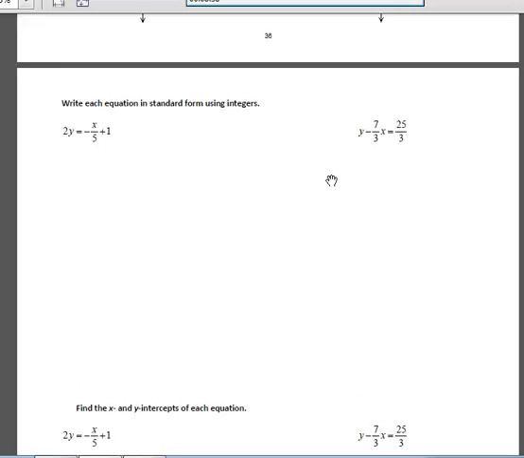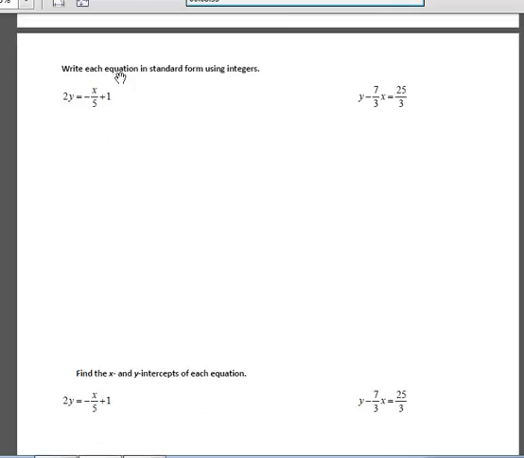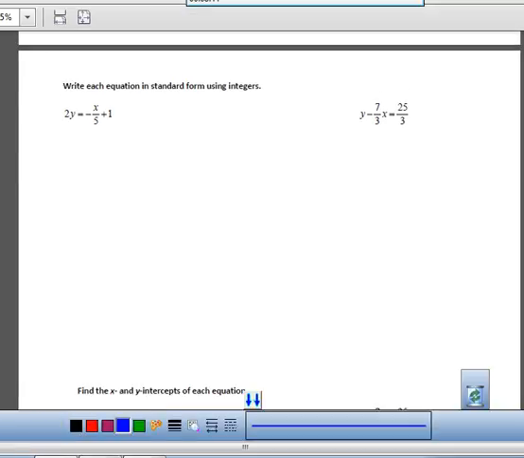Next page, page 37. Write each equation in standard form using integers. This is going to be something we're going to practice together in math. I'll show you the first one. So here's what I'm going to do.